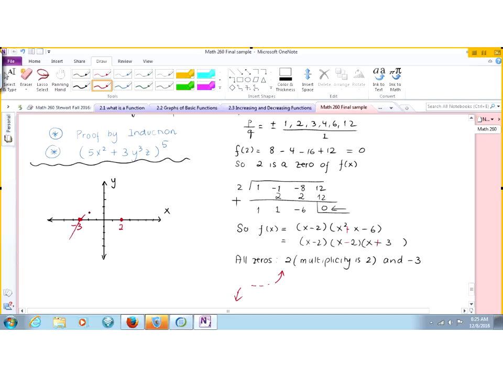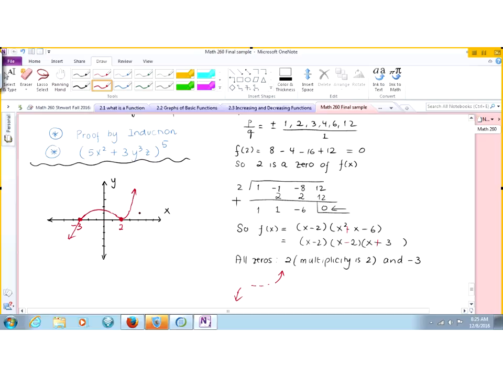Do you know why it crosses? Multiplicity. Then what happened at 2? What's the multiplicity, even or odd? Even, so it will touch. So it's going to look like this, and then like that.